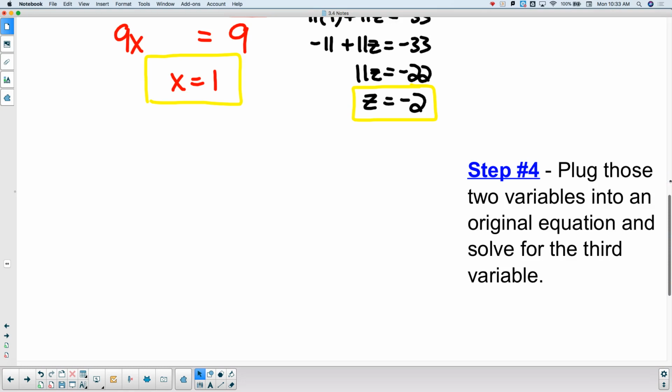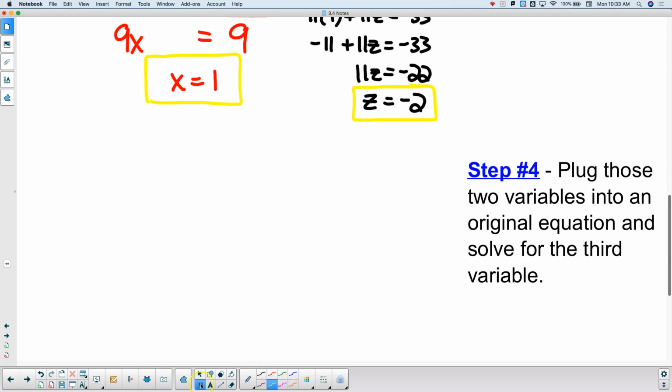So step number 4 then is we're going to put those two variables, x is 1, z is negative 2, excuse me, into one of the original ones. And Antonio, which one did you want to choose? Number 1, because that's the easy one for y. Okay?